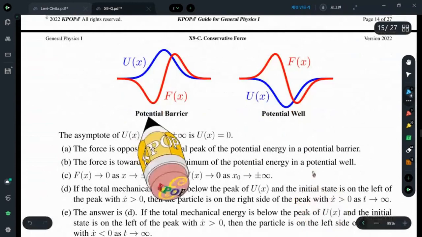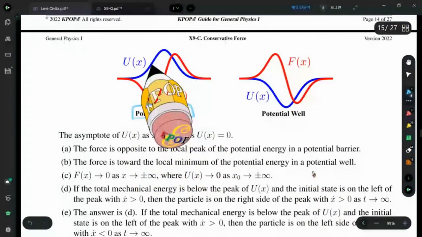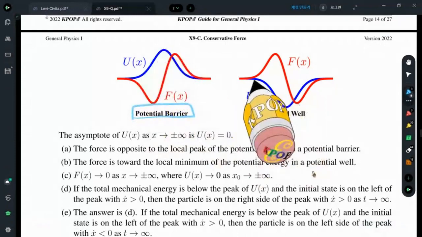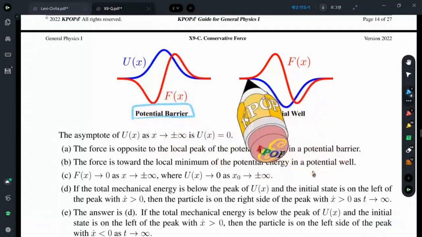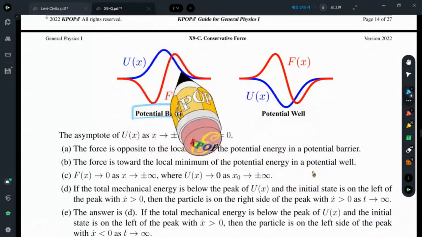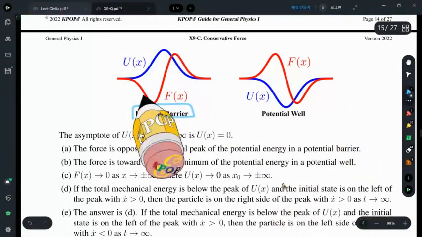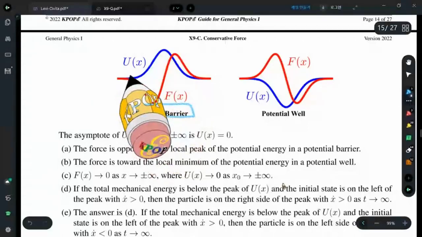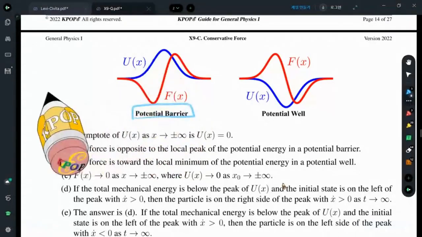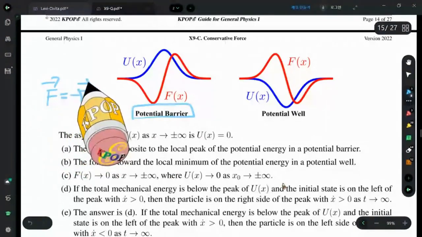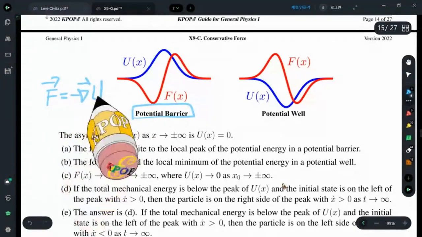This is a simple example of a potential barrier. This potential has a bump, and there is a well, potential well and potential barrier. Let's see what happens. If potential is increasing, then we know force is minus the gradient of potential energy.